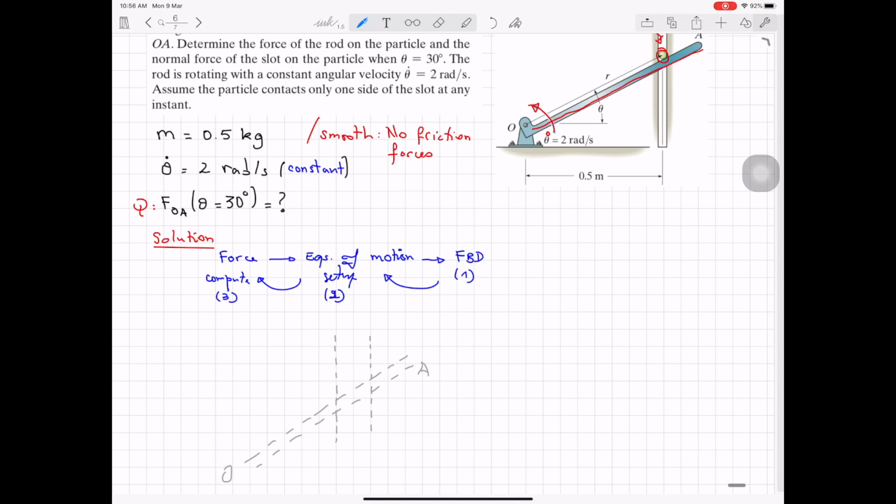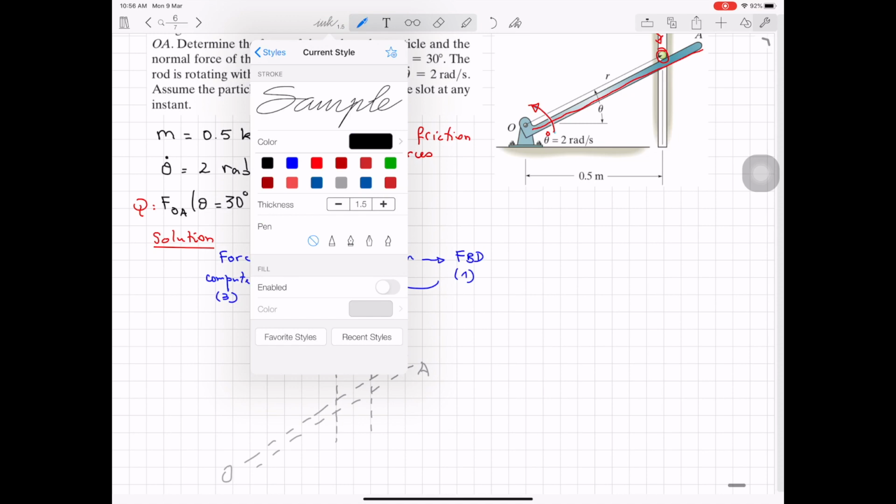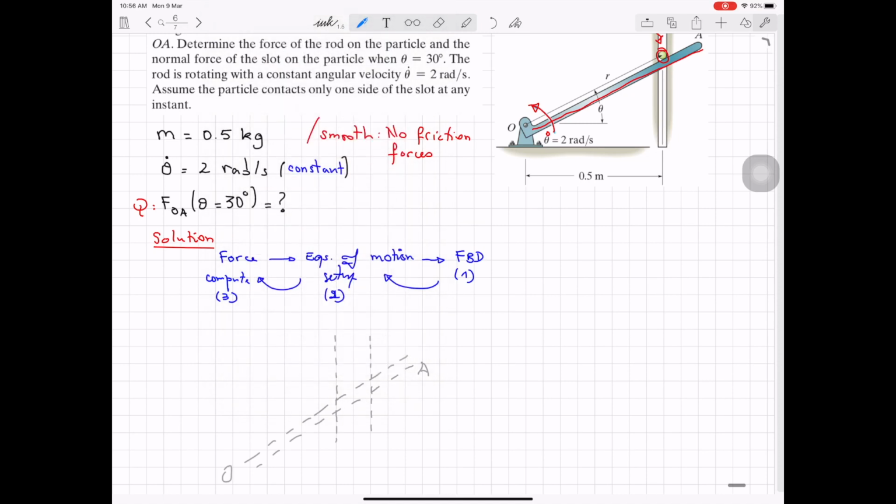Now that I have the arm OA and the slot drawn in gray color, just to signify the fact that I'm going to remove them and replace their action using forces. So I draw here the mass, but pay attention to how I draw the mass. The first force that I represent here is the weight.